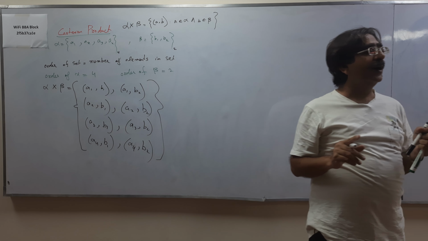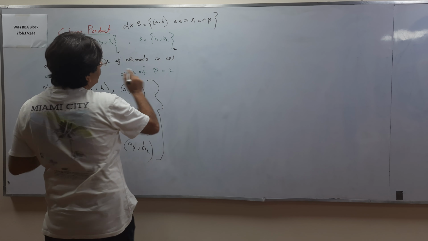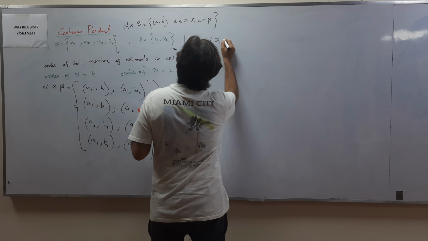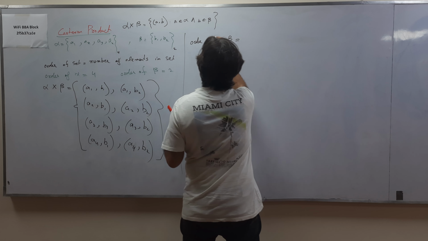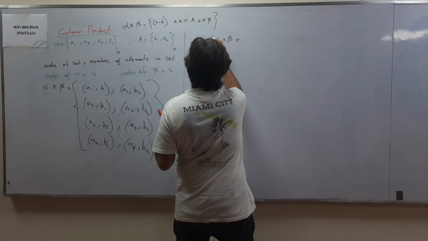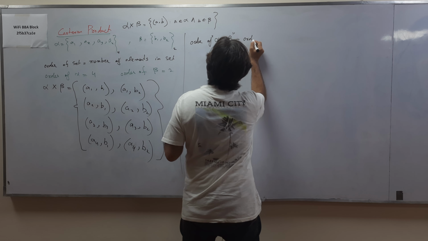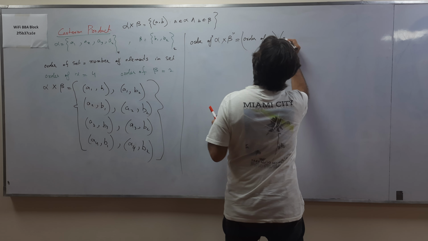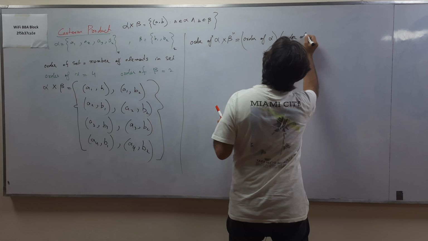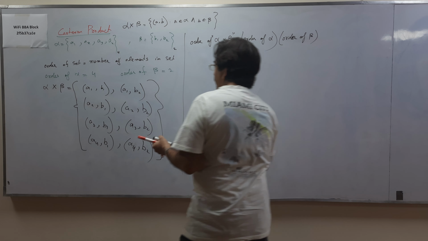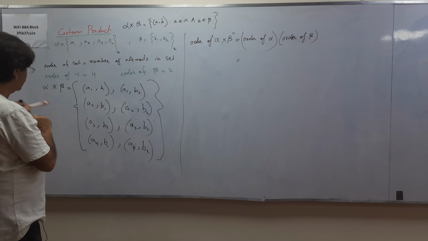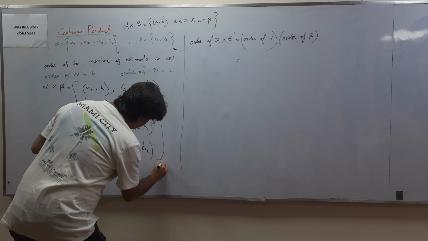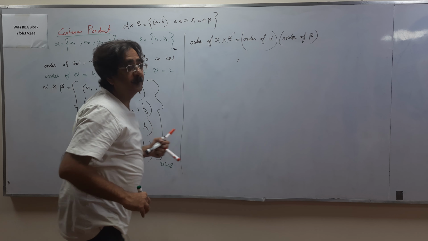Always remember, the order of alpha cross beta will always be equal to the order of alpha multiplied by the order of beta. So here the order of alpha was 4, so the order of alpha cross beta will be 4 multiplied by 2, which equals 8.